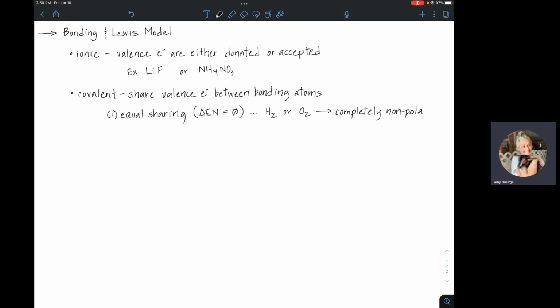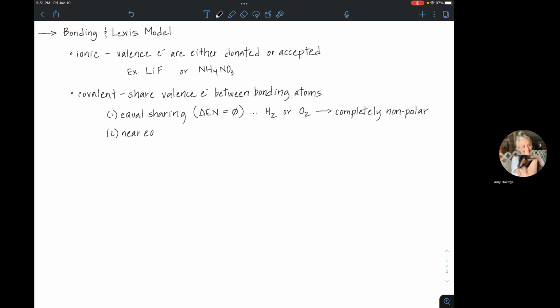There's no difference in electronegativity, so one atom is not yanking on the electron density in the sharing. In the covalent bond, one of those atoms won't be yanking on those electrons more fiercely than the other because they're the same, right? Their electronegativity is the same. So that's completely nonpolar.